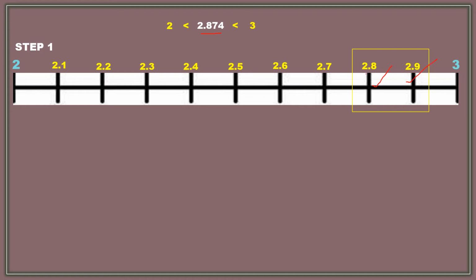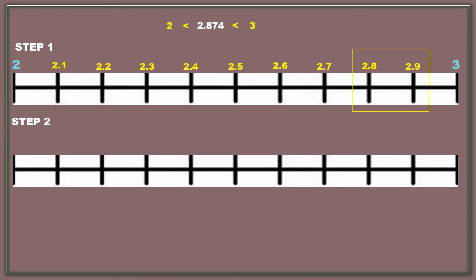So now we should take the numbers from these two. Means in step 2 you'll have this number 2.874 in between 2.8 and 2.9. Now write the numbers between 2.8 and 2.9, means 2.81, 2.82, 2.83 in that way.